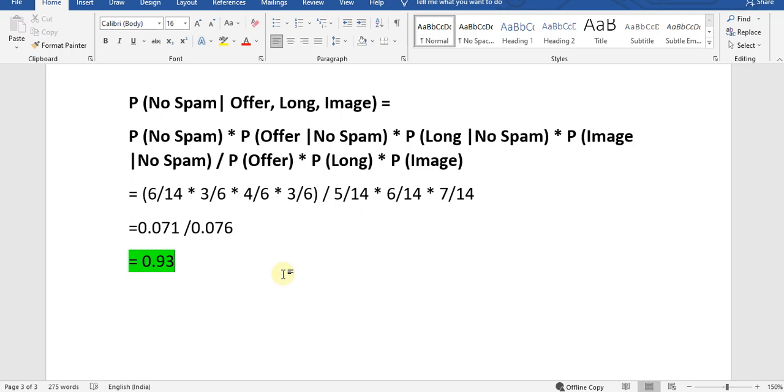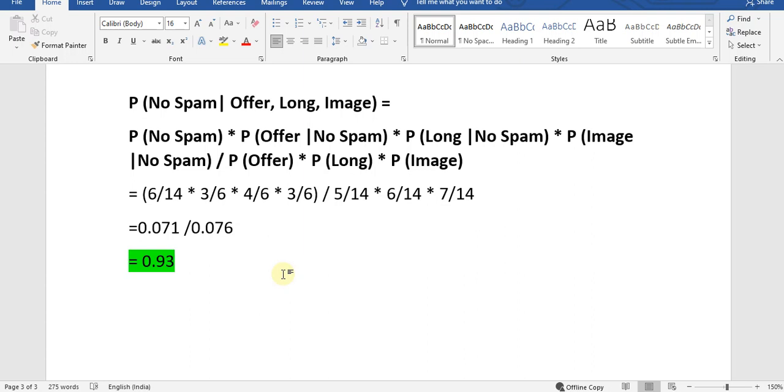That means if any message now comes to me with content offer, the message is long, and the attachment is an image, then I will predict that this email message is not spam.